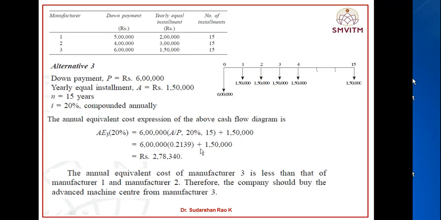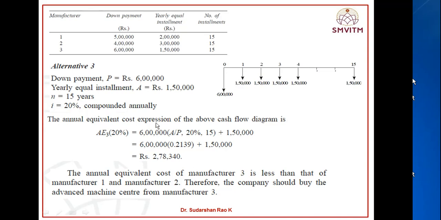Next, the last alternative 3 is a 6 lakh rupees down payment and 1,50,000 rupees every year for 15 years. This present value should be converted to an annuity: 6 lakh into A by P, 20%, 15, plus 1,50,000, which is 2,78,340.